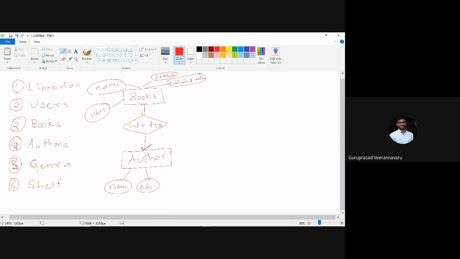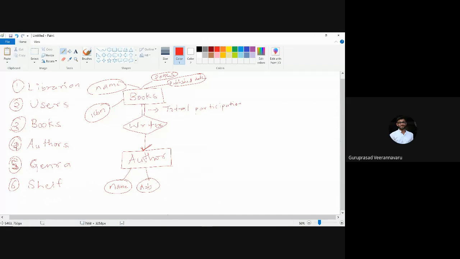Right? So why do we make book a weaker section? This double arrow is not meaning weaker. This double arrow is total participation. Okay.